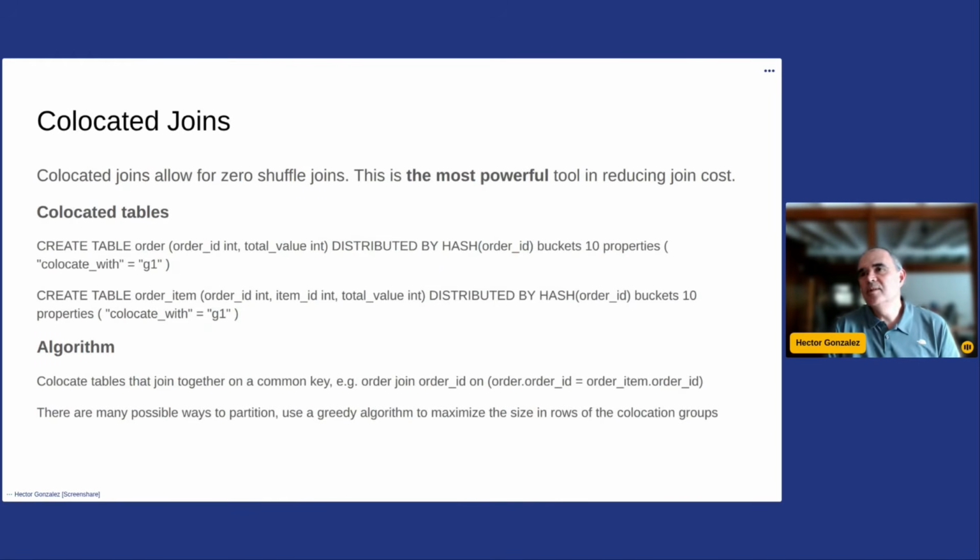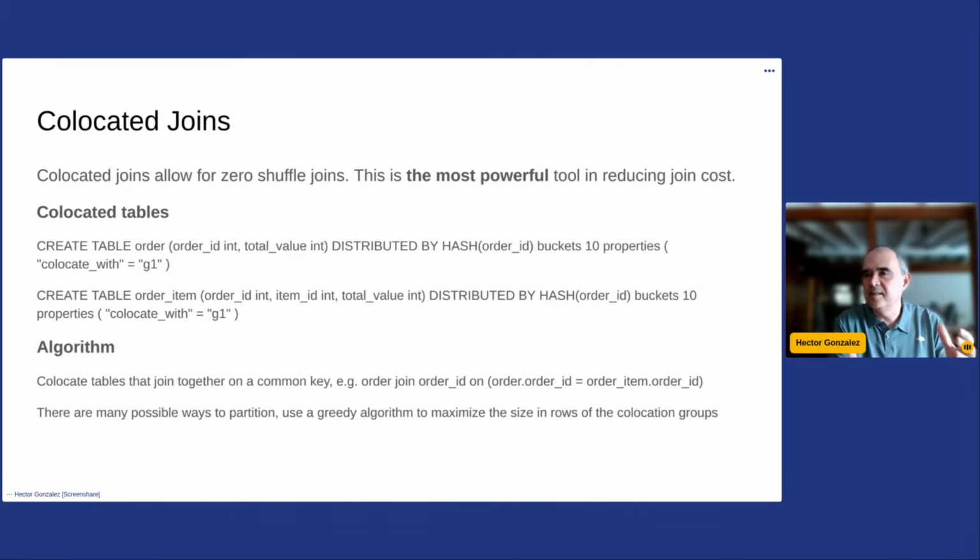On collocated joins, basically we have this data model. The data model is a bunch of object and event tables, and we know the joins. So what we run is an algorithm that tries to partition the graph into components that can be collocated. Basically components that have join keys that share some column.